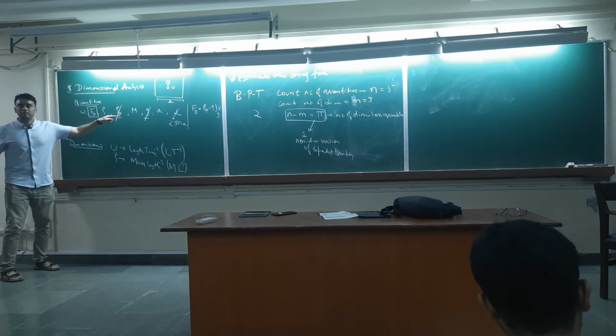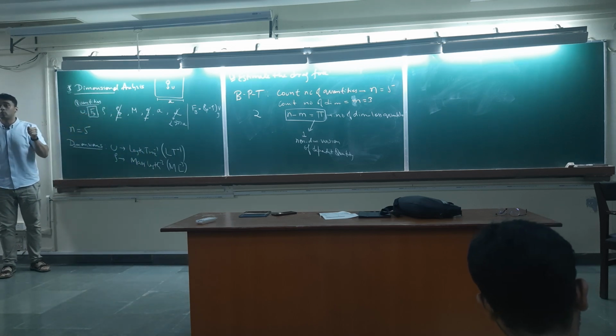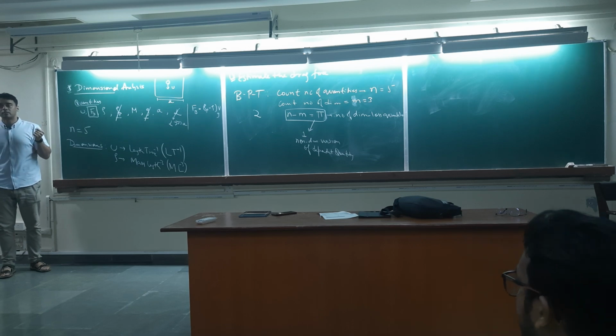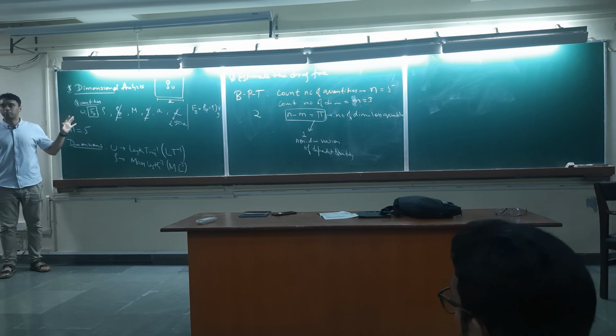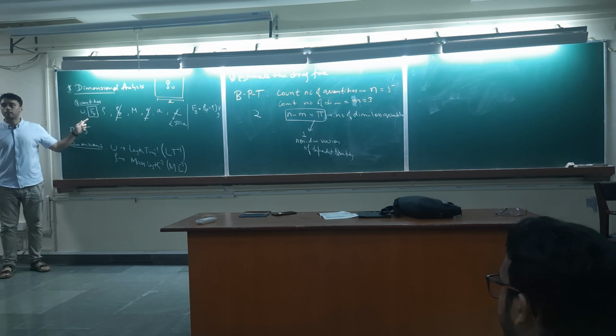These are the quantities we listed. Which one of them is a dependent quantity and what do you think are the independent quantities, out of these 5? What is the dependent quantity? That's simple to ask first. Drag force?